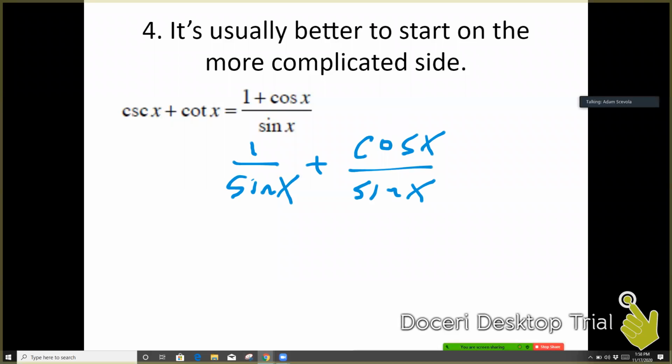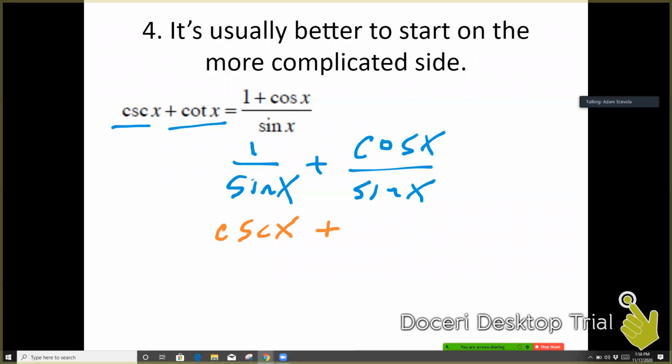Now, anything that we could do there to help it look more like cosecant of x plus cotangent of x? You can convert 1 over the sine of x into cosecant of x. Very good.